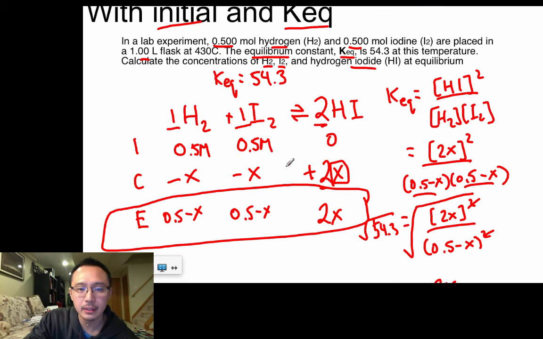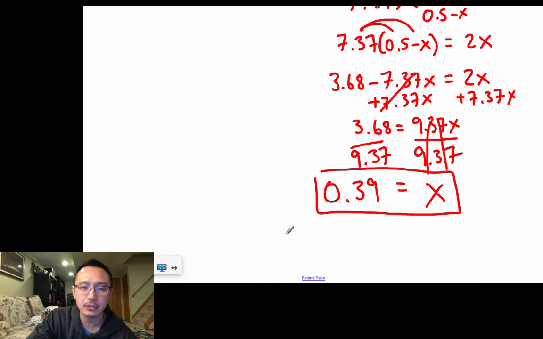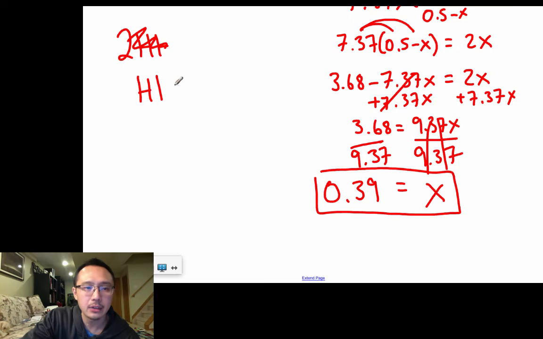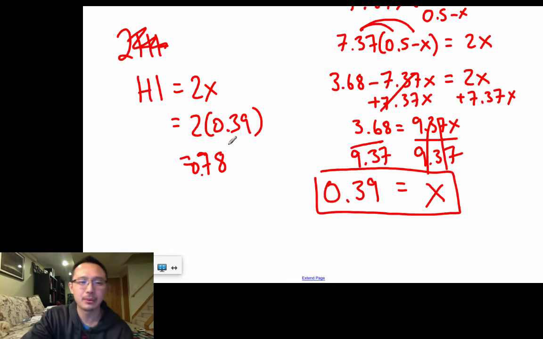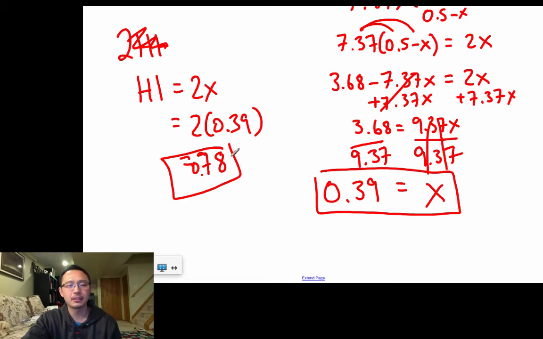What does x represent? HI is 2x, so we can calculate what HI is. 2 times 0.39 is 0.78. That's the concentration of my HI.